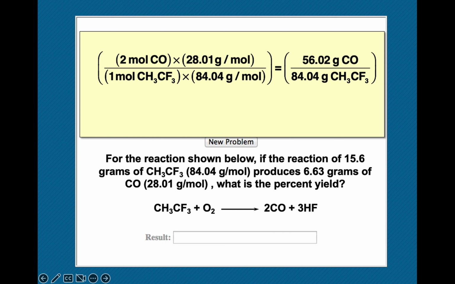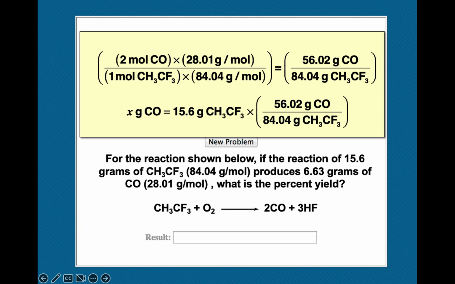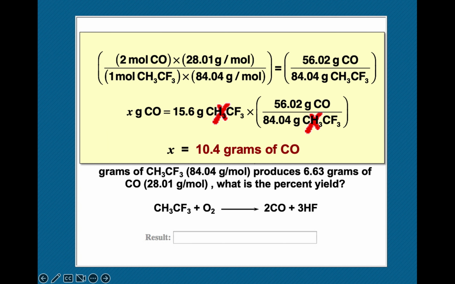That's our ratio. Our given was 15 grams of trifluoroethane. Times the ratio, those guys cancel. 10 grams of CO. That's our theoretical yield.